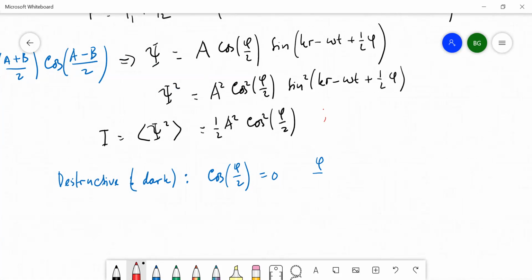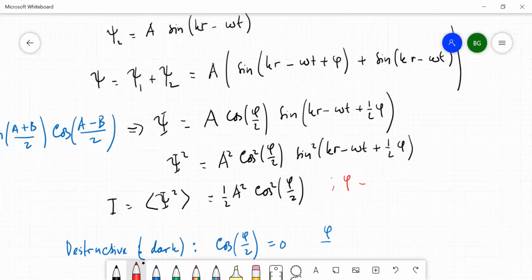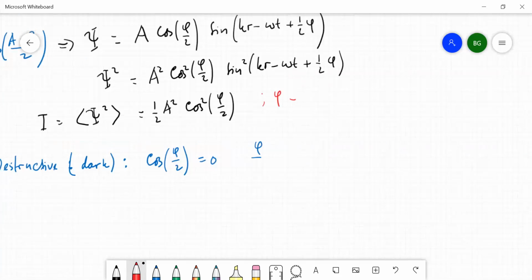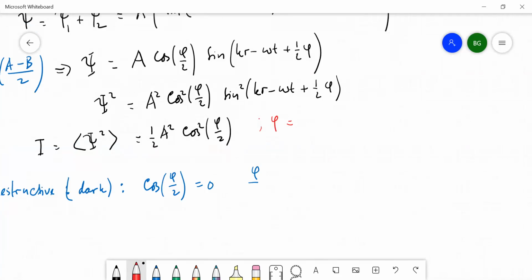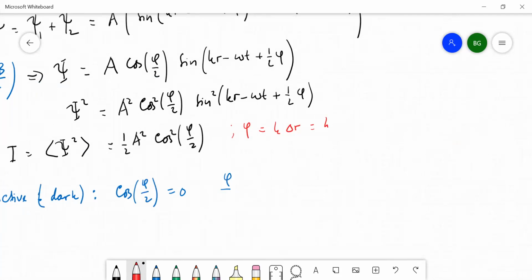Sorry, this v here is k times delta r, which should be k d sin theta.